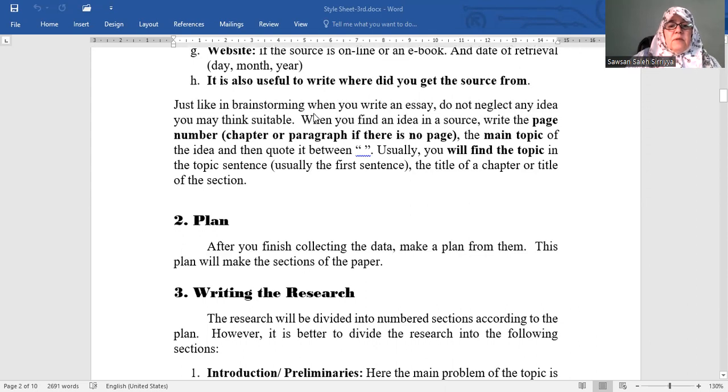Now, just like in brainstorming, when you write an essay, do not neglect any idea you may think suitable. This is the first stage. So when you collect data, do not neglect any data that you think is related to your work. But when you find an idea in a source, write the page number, chapter or paragraph if there is no page, the main topic of the idea, and then quote it between two inverted commas as I showed you in the example.